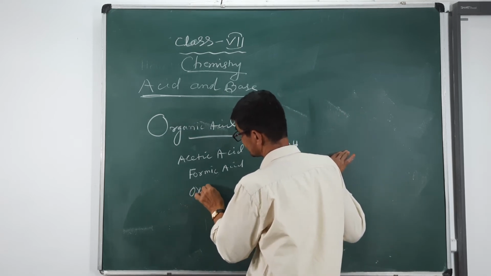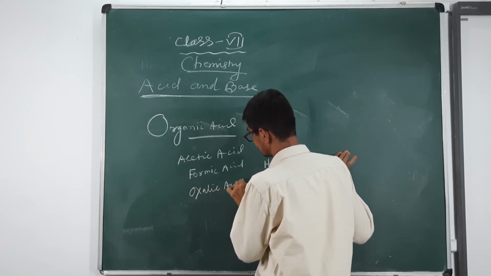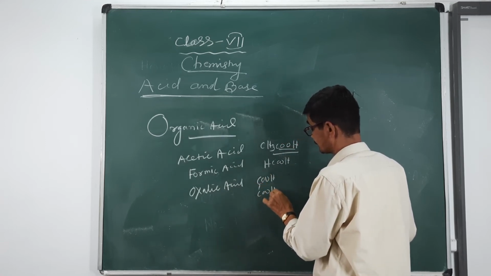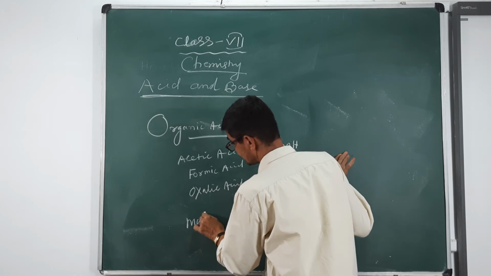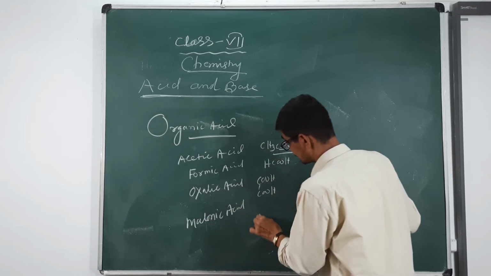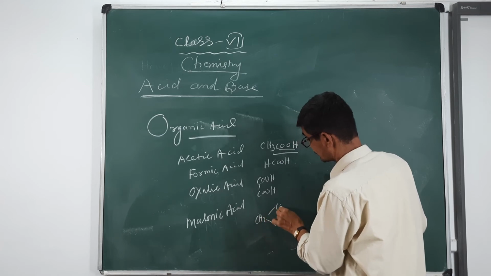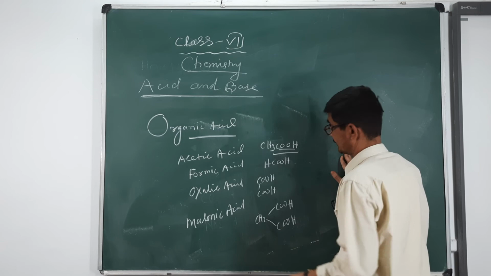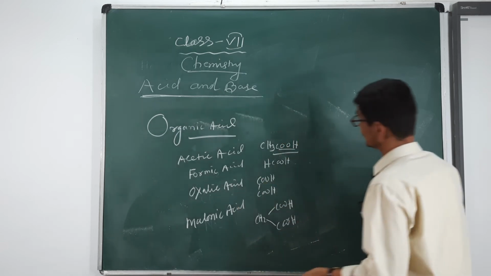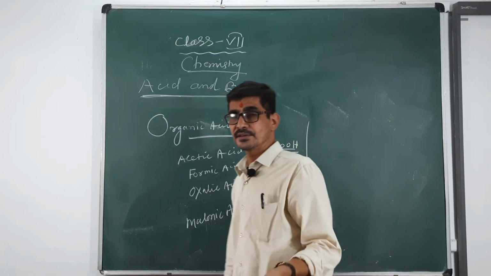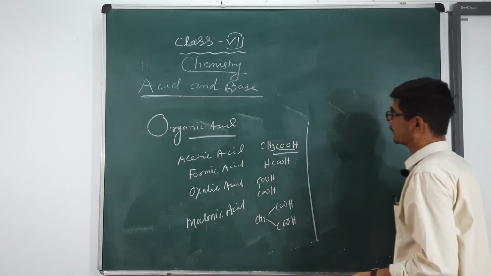Oxalic acid, this is the formula of oxalic acid. Malonic acid, this is the formula of malonic acid. So these are organic acids. Now lactic acid, citric acid and also adipic acid are also organic acids.